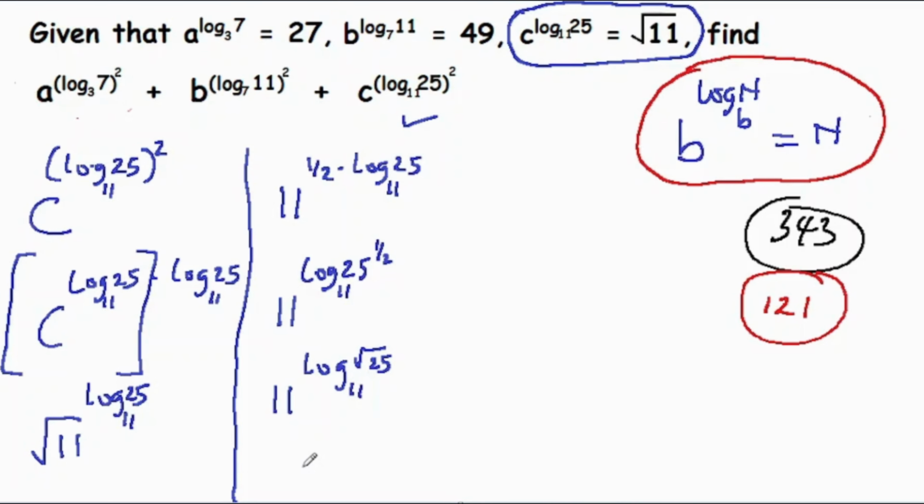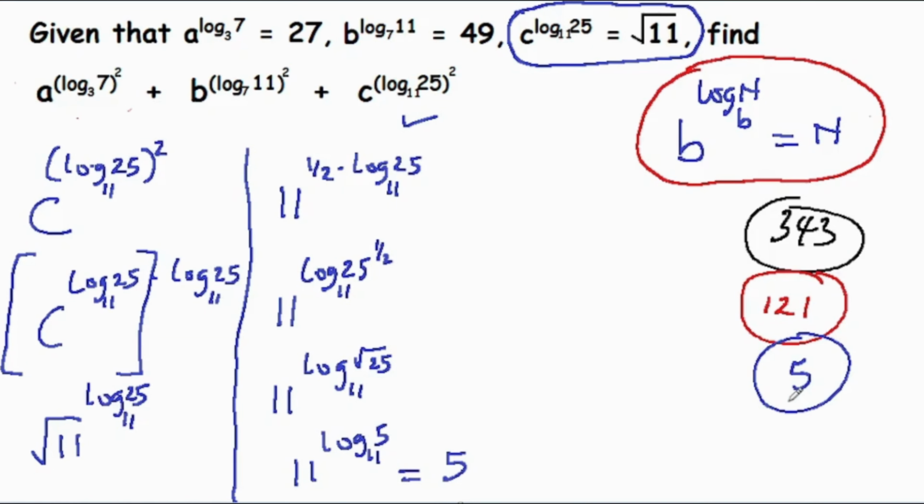The square root of 25 is actually 5. So we have 11 raised to power log 5 base 11. So using the property of logarithm that we have up there, that is going to give us 5. So this is the value of the third term.